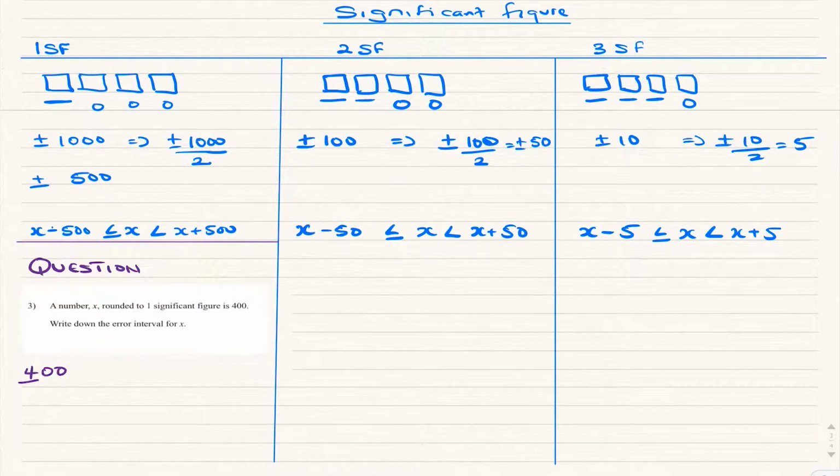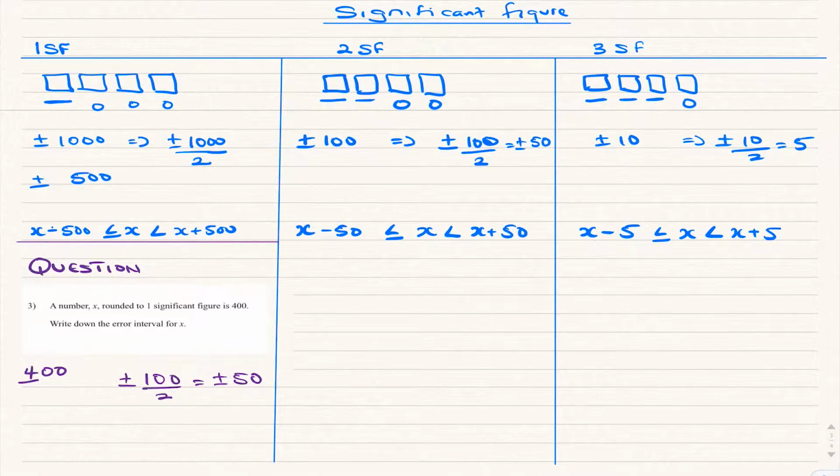The first significant figure is 4. We've got the last two, which are now 0. So if they're not, you round it to 0. So the bound value will be plus or minus 100, because there are two zeros, divided by 2, and that will give us plus or minus 50.